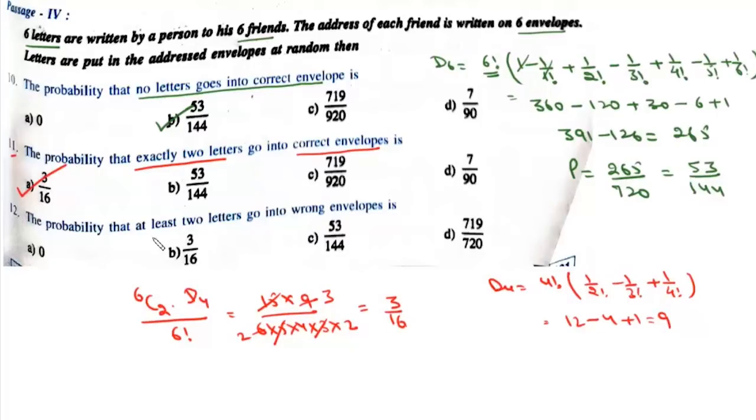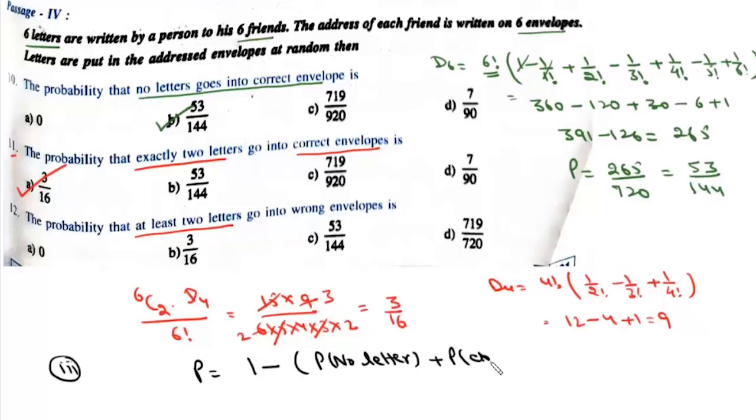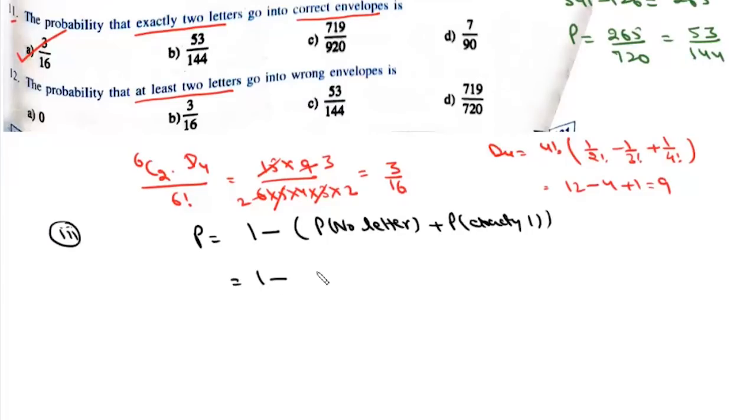Now the next one is the probability that at least 2 letters go into wrong envelopes. Now for this third one, at least 2, this probability will be 1 minus either the probability that no letter is in the wrong one or exactly 1 letter is in the wrong envelope. Now this is 1 minus. If all the letters are in the correct envelope, then this probability is 1 by factorial 6, which is 720.